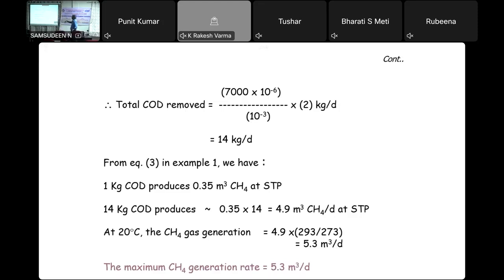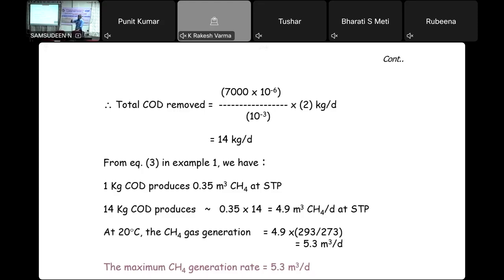Yeah, unit conversion. So from equation 3, in example 1, we have 1 kilogram COD going to produce 0.35 cubic meter of methane, the first problem, right? We already have solved that problem. So if you already know 14 kilogram COD, it produces 0.35 times 14, you're going to produce 4.9 cubic meter of methane per day at standard pressure.